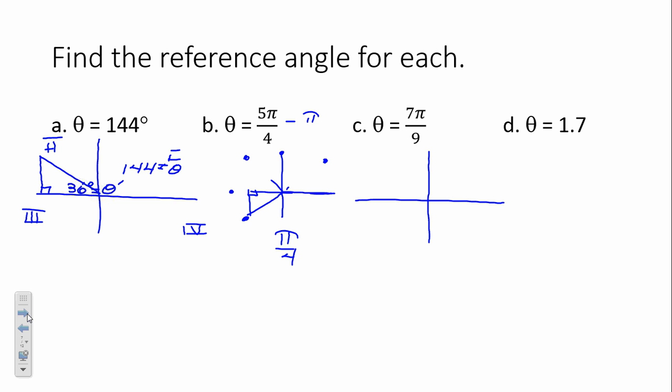Over here, yep. If I were splitting this into 9 equal parts, 7/9 of it is going to be over here somewhere. So if this is 7 pi over 9, this is going to be 2 pi over 9, because how much is left of that pi? 2 pi over 9.